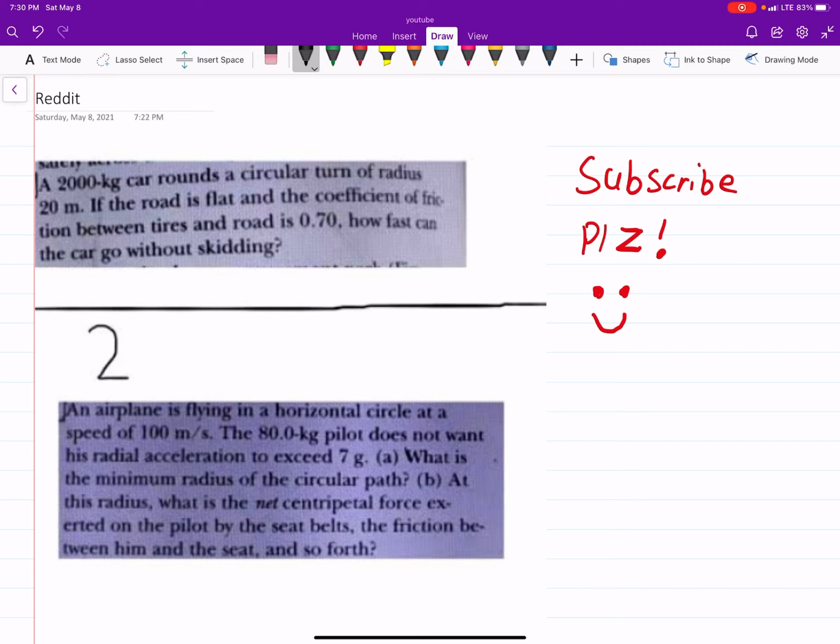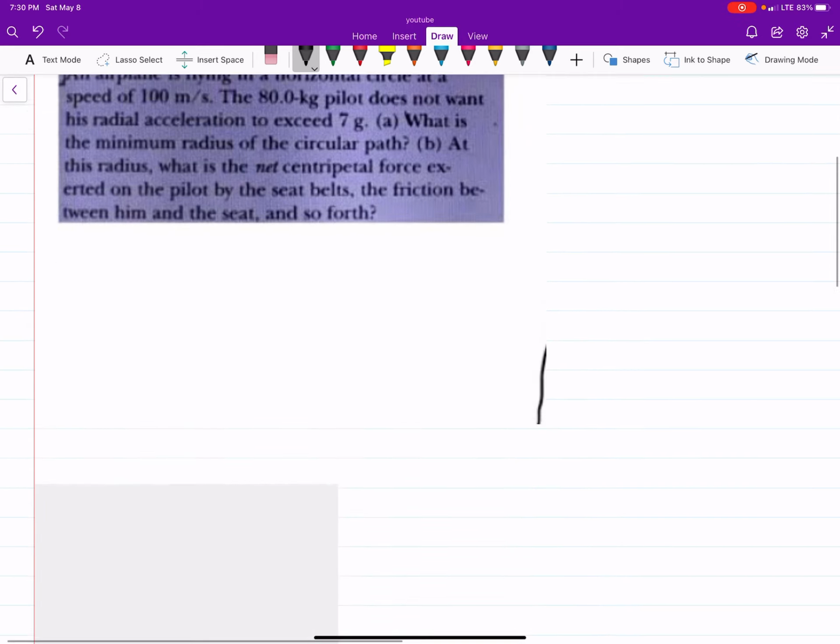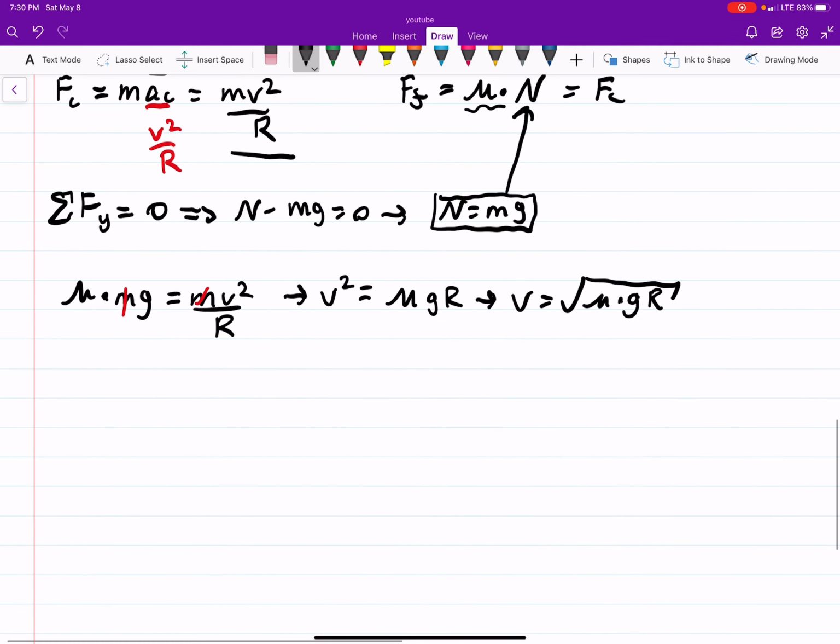So I'm going to go ahead and plug this in right here. So the square root of mu times the radius, which is 20, times 9.81, which is g. If you plug that in, I get velocity is 11.72 meters per second.